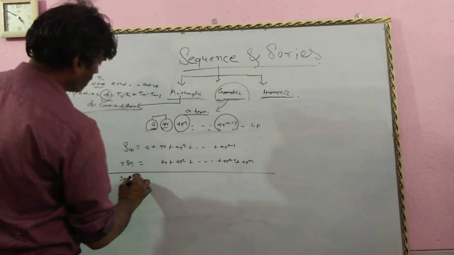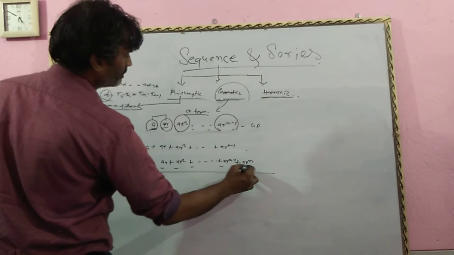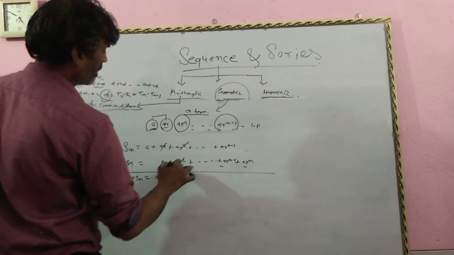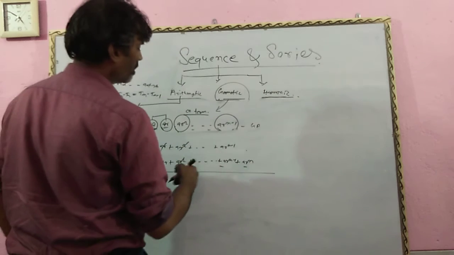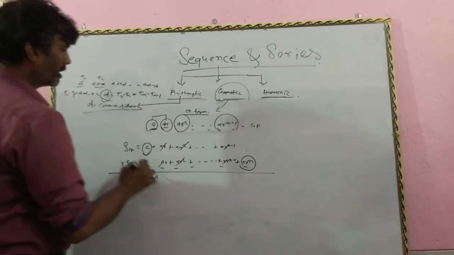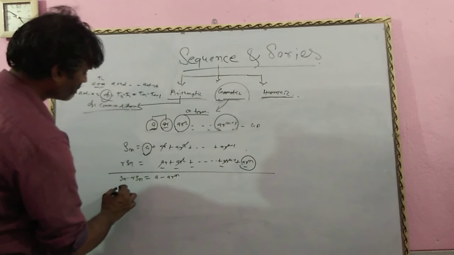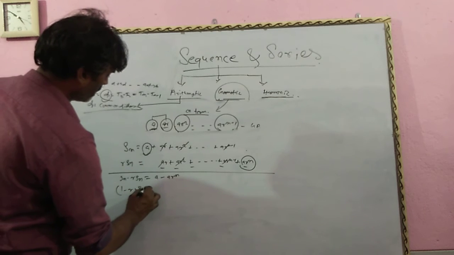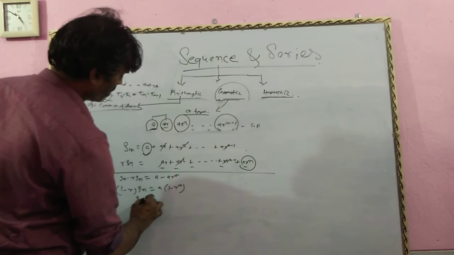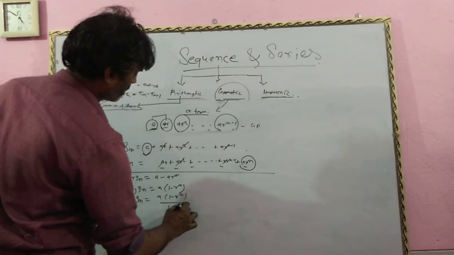Sn minus r Sn will be equal to a, this all will become negative, and all terms will cancel out except these two terms, a minus ar to the power n. So (1 minus r) Sn will be equal to a(1 minus r to the power n), then Sn will be equal to a(1 minus r to the power n) upon (1 minus r).